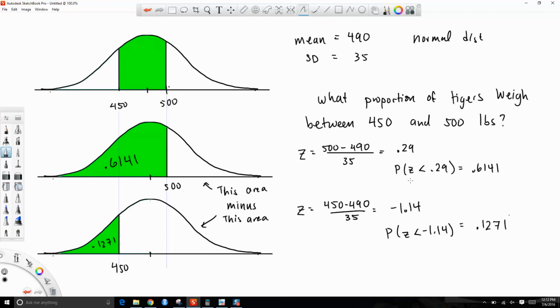So that means this piece right here is going to be 0.6141 minus 0.1271, the area to the left of here.